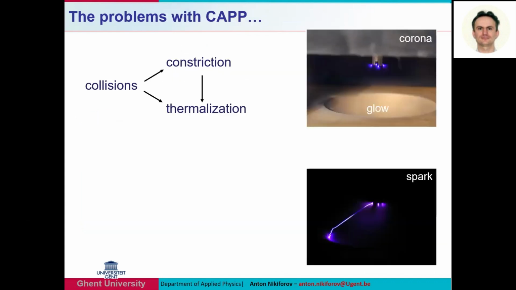However, there are problems with cold atmospheric pressure plasmas, and one of the problems is related to very high frequency of collisions. We are working with atmospheric pressure. There are multiple collisions between particles that leads to the constriction of the discharge and thermalization. So basically, if we have a corona discharge which we want to use for treatment of gas, if we increase power, what we inject in corona discharge, typically what is happening, we are forming a spark.